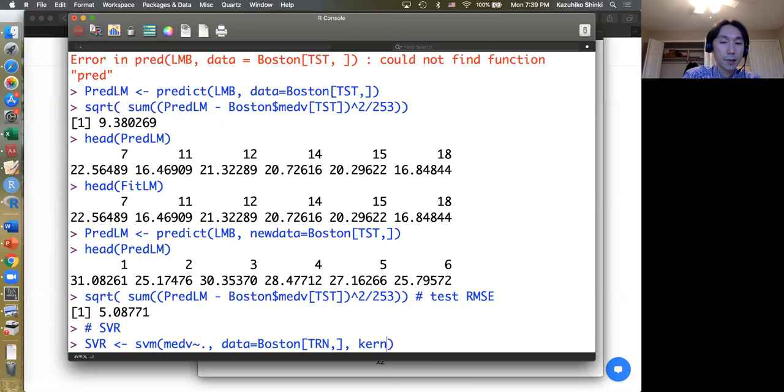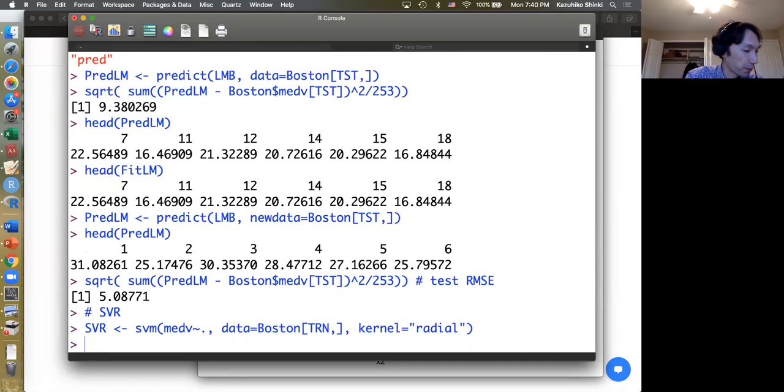The kernel is the Gaussian radial basis function, and the kernel has one hyperparameter, gamma, which we can adjust but here just use the default, maybe gamma equal to 1. The cost parameter default is 1. So we use those default values, and then the support vector regression is done.